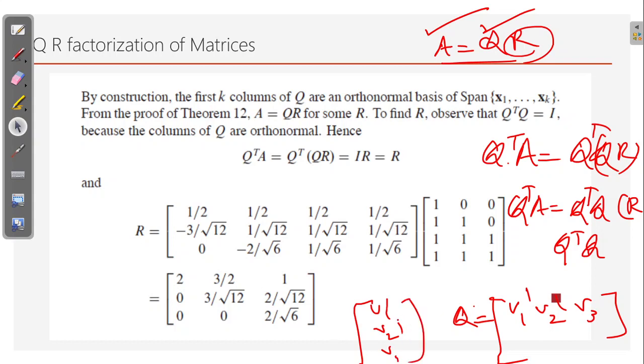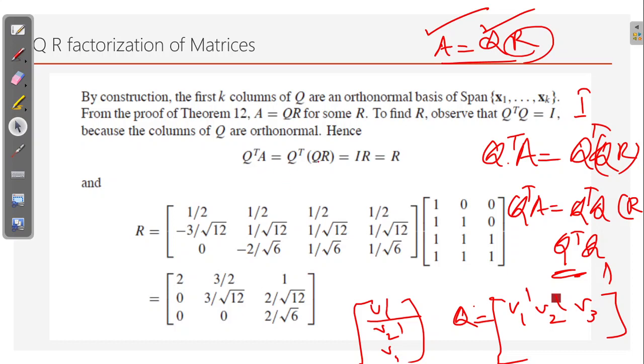So if you multiply this, it is nothing but your inner product, or dot product. That means the dot product of orthonormal vectors will be unity, 1. Since it is matrix multiplication, we will get the identity matrix I.